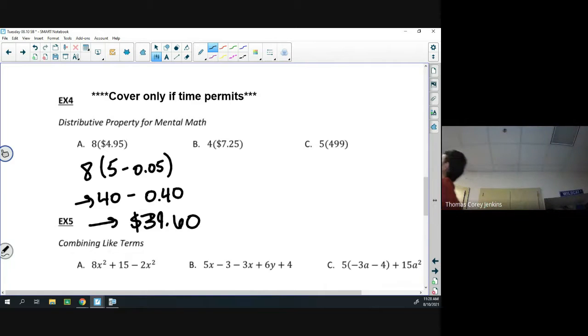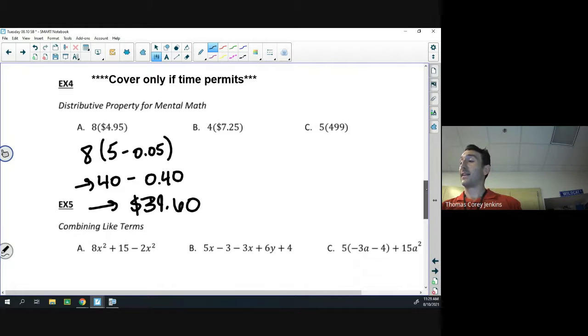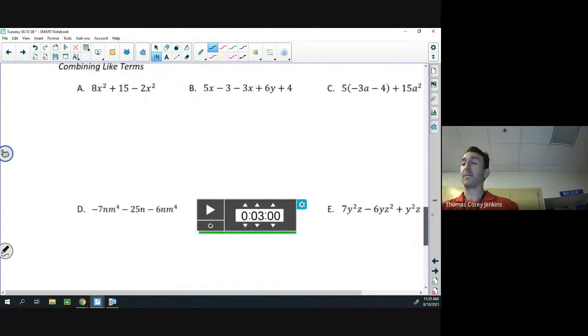When I really use a mental math trick in real life is when I'm coming up with a tip for a waiter or a waitress. Anyways, let's skip the rest of those and get to the more important stuff that you're going to be tested over.